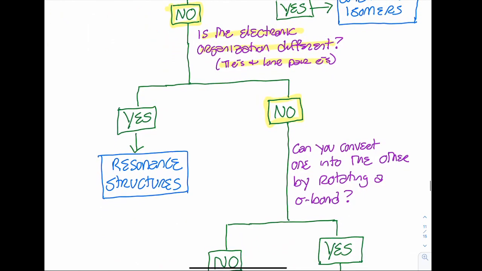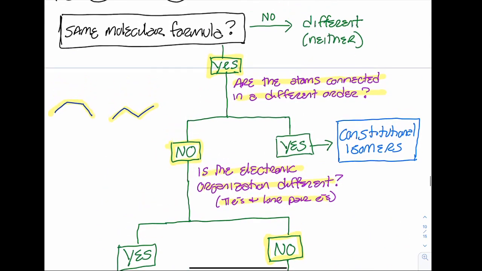So our next question, we're just following our chart. Can you convert one into the other by rotating a bond? So let's go back up and look at these. It doesn't matter which one we look at. I'm going to look at the first one. If I was to rotate this bond between the 2 carbons, this can flip around in the order that I'm rotating it.